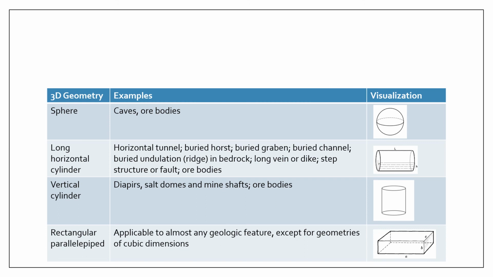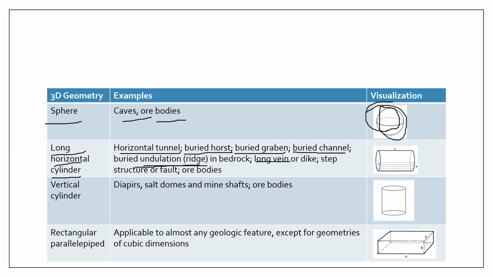These are just examples of 3D geometries. A sphere can be a cave or an ore body, and it looks like this one. A long horizontal cylinder can represent a horizontal tunnel, or a buried horst, or a buried graben, or a buried channel, or an undulation in your formation.